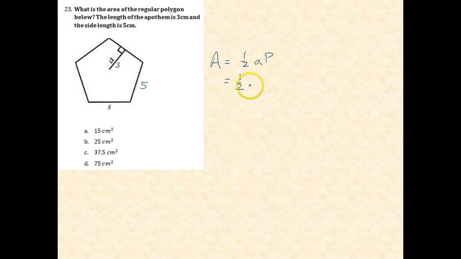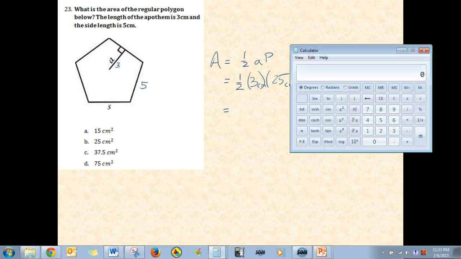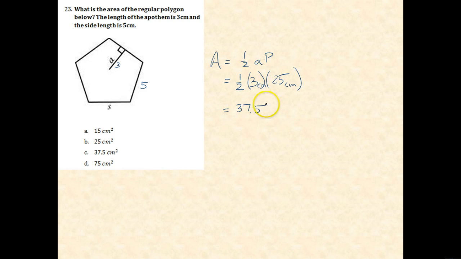So we got 1/2 times the apothem, which is 3, times the perimeter, which there's 5 sides, each one is 5 centimeters long, so that's 25 centimeters. So 1/2 times 3 centimeters times 25 centimeters is 3 times 25 is 75, divided by 2, 37.5 centimeters times centimeters is centimeters squared.